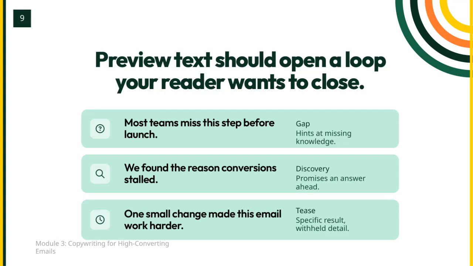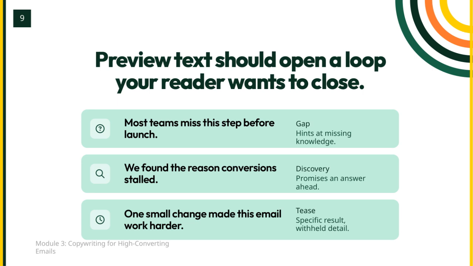Here, we focus on a crucial element that many teams overlook before launching their campaigns: the preview text. This small piece of text plays a powerful role by creating a sense of curiosity. It's an open loop that your reader wants to close. Essentially, it hints at something important that might be missing, drawing the reader in to learn more.